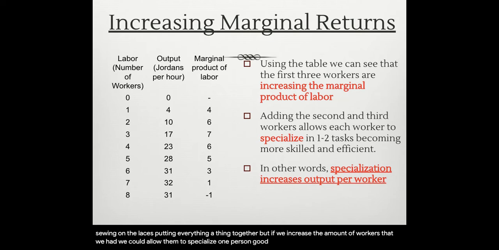One person could focus on the rubber sole, one person could focus on the sewing of the material, one person could focus on the laces. That way, they could be more skilled in the job that they were doing and they could be more efficient. So, this is called specialization. Once we increase the amount of workers that we have, they can become specialized in the specific job they do.